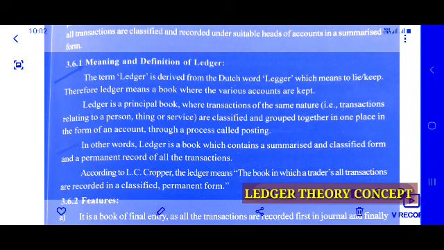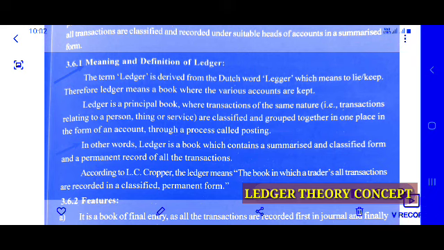Next, in other words, ledger is a book which contains a summarized, classified and permanent record of all the transactions. So here, with the help of the ledger, we can summarize and classify the accounts, for example, purchase account, cash account, sales account, drawings account.